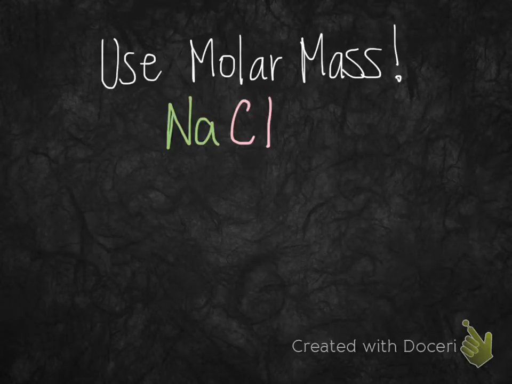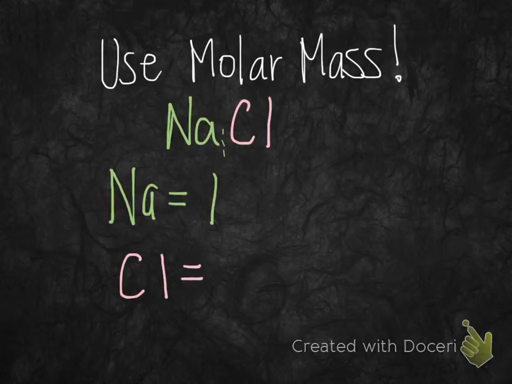To figure out how heavy it is, we use molar mass, just like we've been doing. I use different colors here just to make it more clear, but you're going to do this on your paper too. For Na, we know that there is 1. It's invisible. And then for Cl, we know that there is also 1.